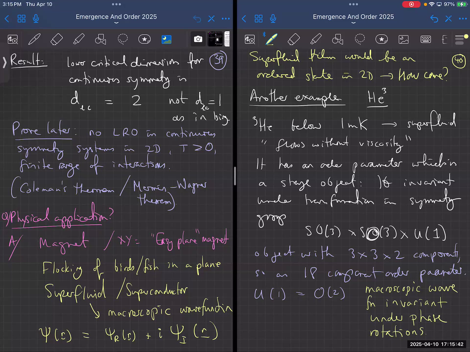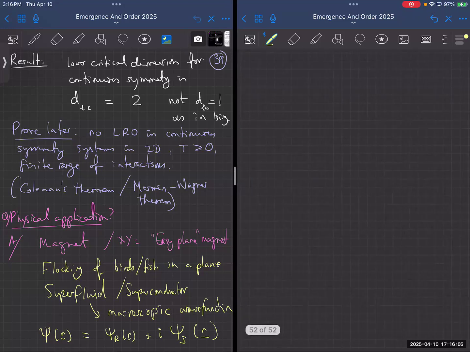I can take a quantum mechanical system, put it in its ground state, and rotate the ground state by an arbitrary phase factor, and it doesn't change the energy. So the Hamiltonian is invariant under the rotation of phase. A phase rotation is a rotation of the symmetry group O2, which is the same as U1, which means you're just going around a circle. So that's where the U1 comes from.